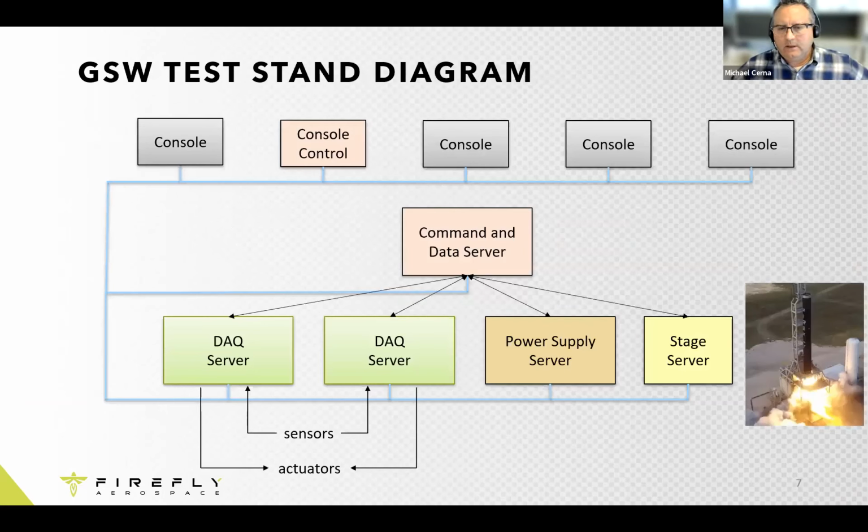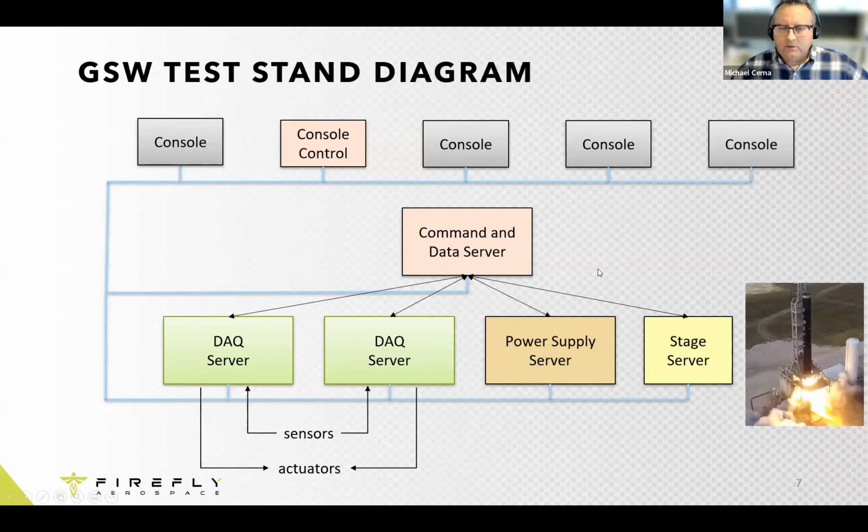Going into a little more detail on the test stand, the data is collected from all these different DAC server nodes, the power supply, and the stage server. With the stage server, we're often talking about telemetry data coming from the stage, and this has to be communicated to the entire GSW ground software system.